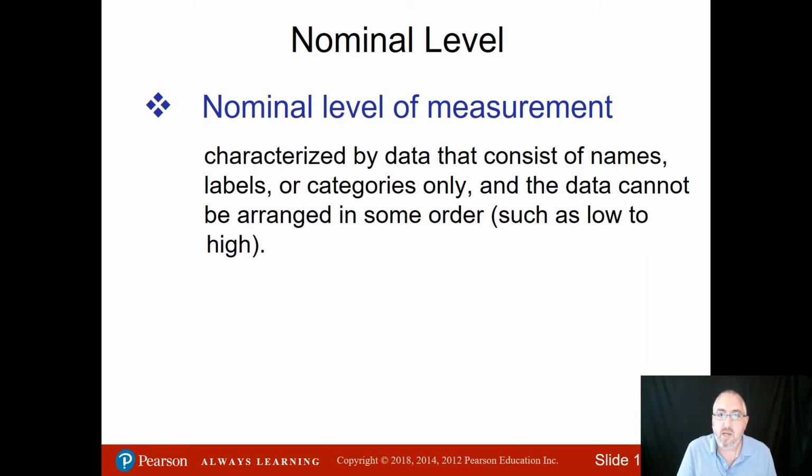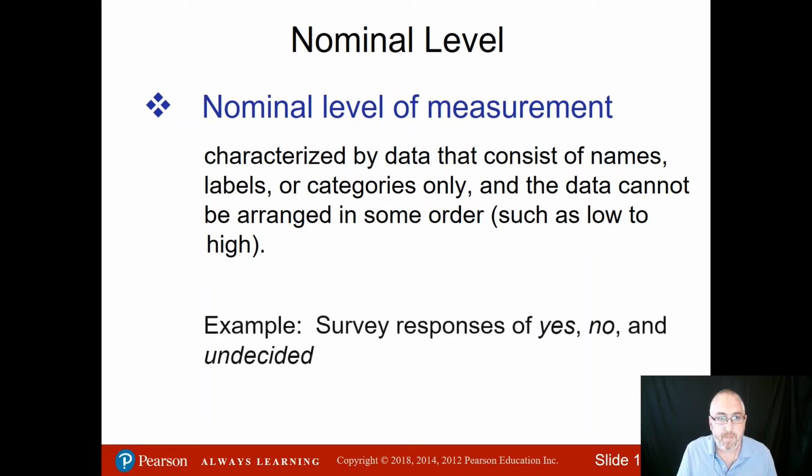It's characterized by data that consists of names, labels, or categories only, and the data cannot be arranged in some order, such as low to high. It doesn't make any real sense to put it in one order or another. Pretty much you can classify that as qualitative or categorical data.